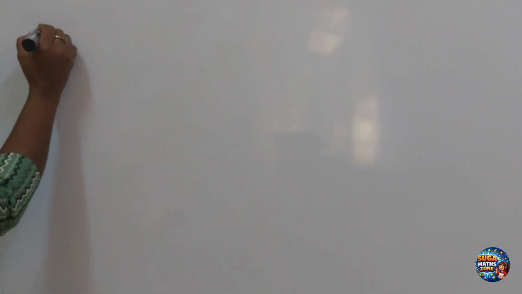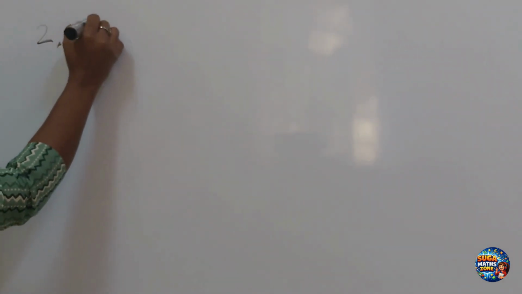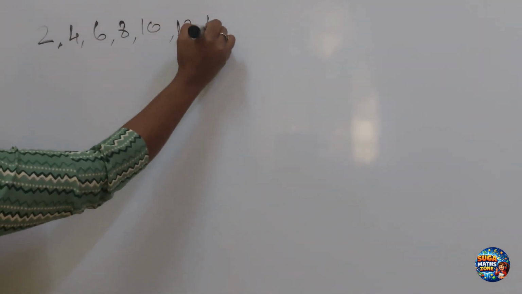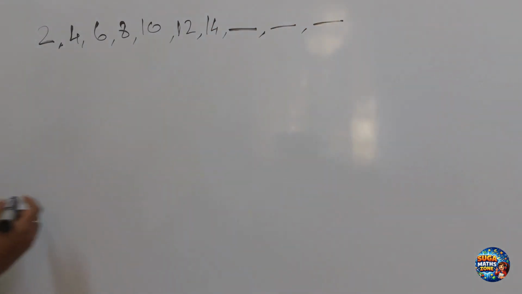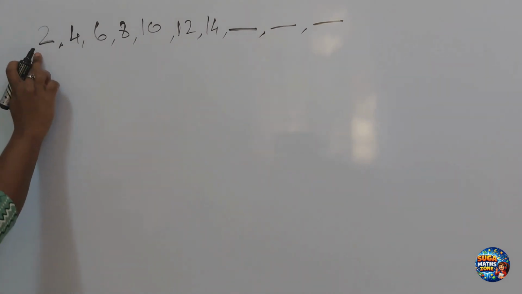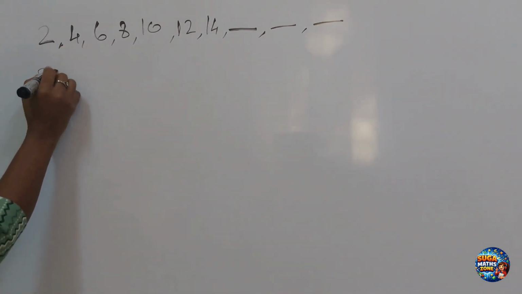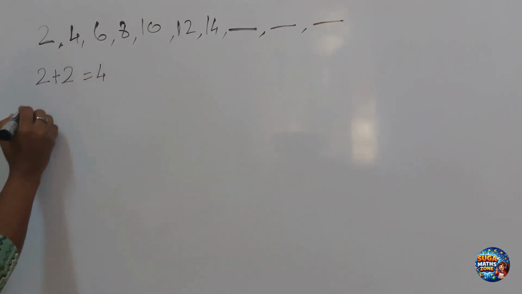The next one is even numbers. In your textbook they are giving us 2, 4, 6, 8, 10, 12, 14. After that you have to find the next 3 numbers. Here the rule is add 2 to the previous number to get the next number. The first number is 2, and adding 2 gives the next number.